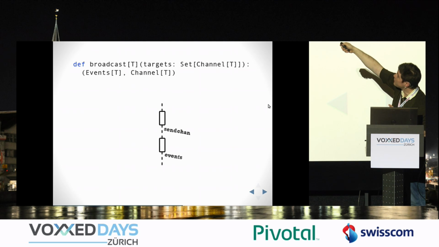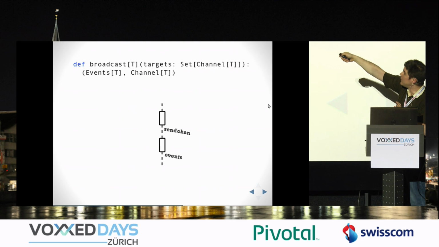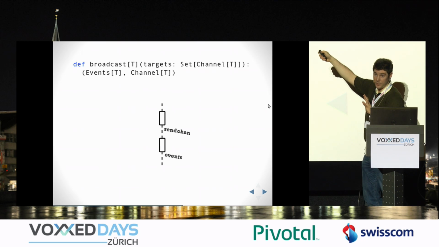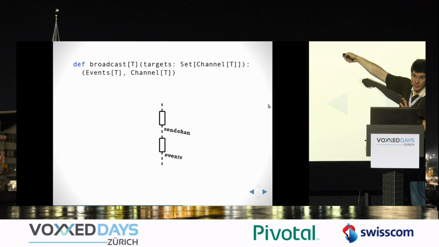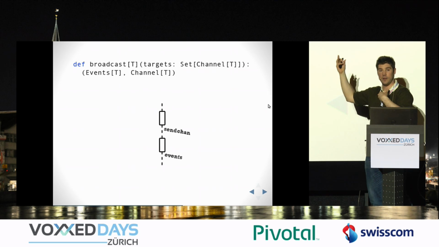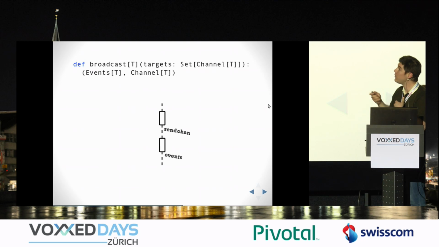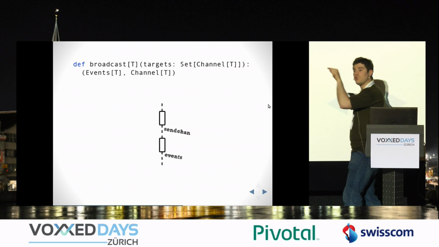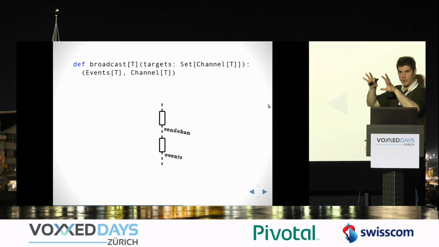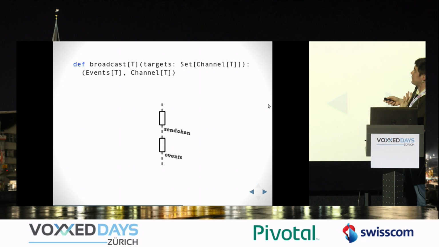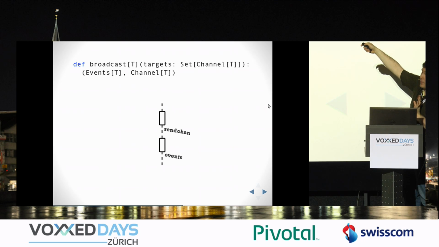And then what the broadcast method returns is a pair of an event stream and a channel for type T, such that if I receive an event on the event stream, it means that somebody in the system broadcasted this value. And if I send something to the channel, then it doesn't go to one destination, it goes to multiple destinations, to every participant in the system. This is broadcast. So we have to implement this event stream and channel pair.